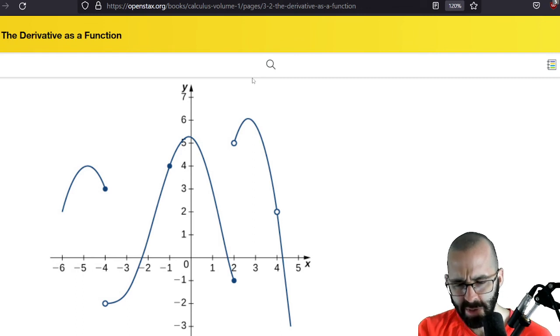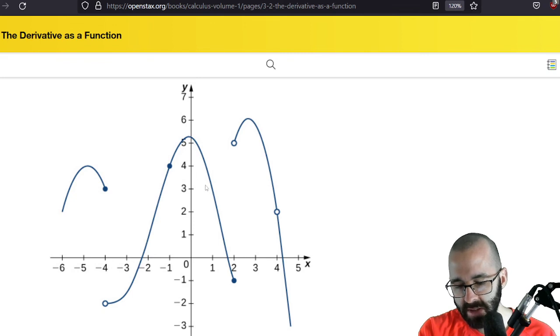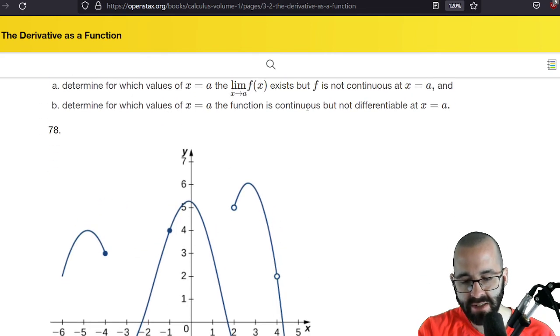And the answer is going to be no place. Like if we look and say, where does the derivative not exist? The derivative only doesn't exist at -4. Derivative keeps existing. 2, the derivative doesn't exist. And 4, the derivative doesn't exist. So there's actually no places where the function's continuous and not differentiable.